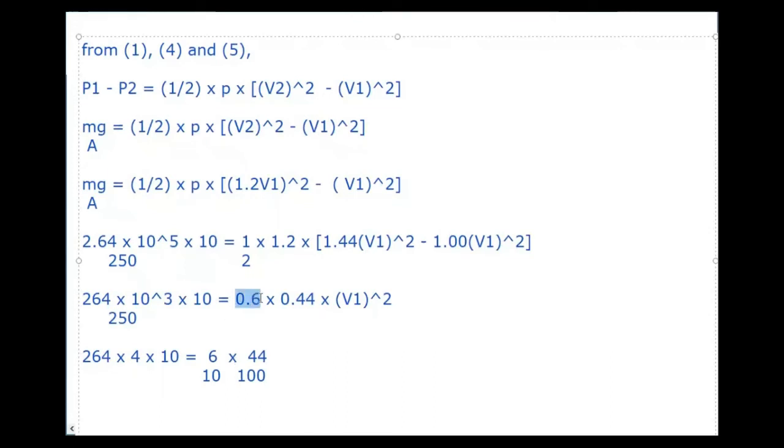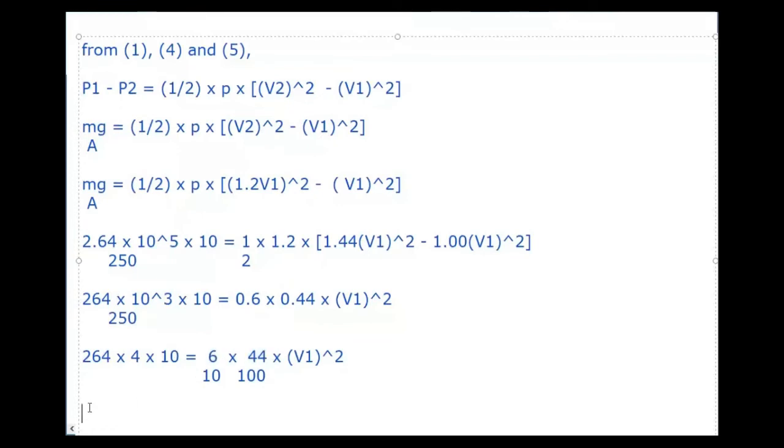In addition, we have V1 square. Now you see that this 10 and this 100 can be taken to this side by cross multiplication. So they will go up, and 6 and 44 go to the bottom.